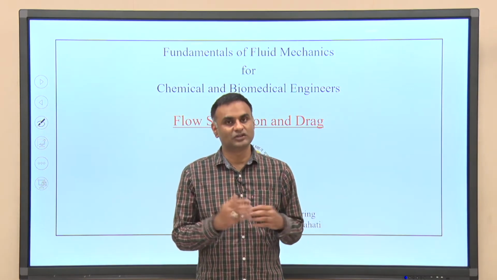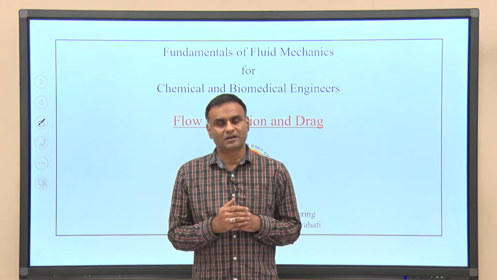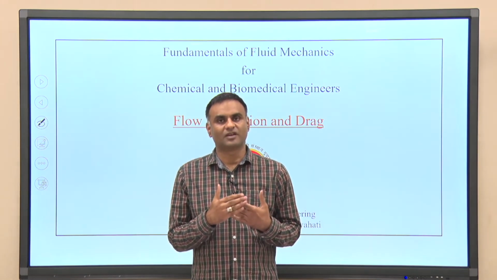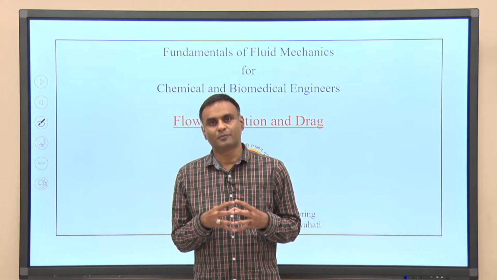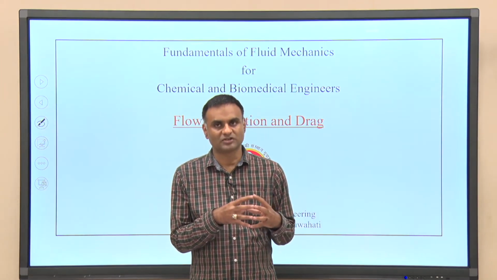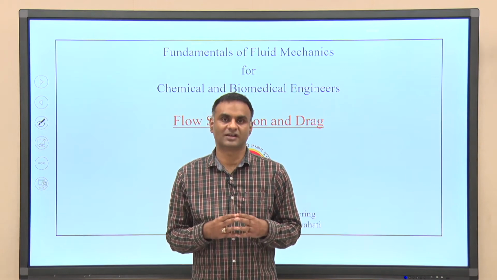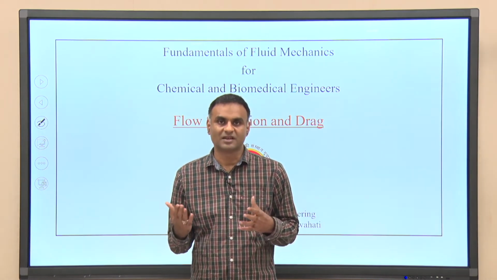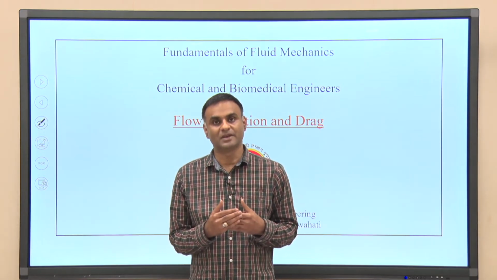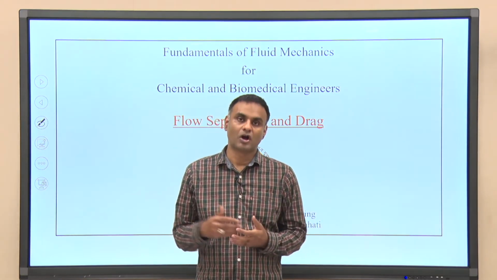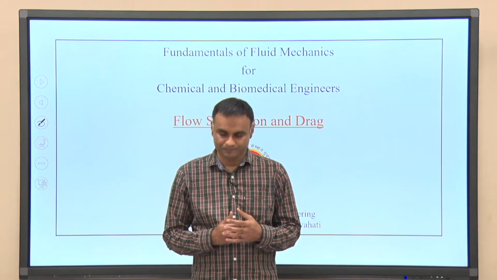But that was the case of a flat plate. When we look at several problems of engineering interest, in most cases we will not get dP by dx equal to 0. It might be either greater than 0 or less than 0.